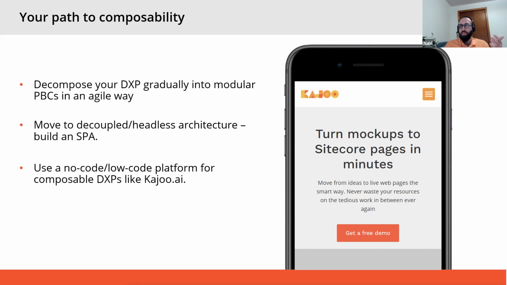If you don't want to redesign it, move it like for like to JSS. Decouple that presentation layer from the backend system to have a headless architecture. That's the very, very first step, because once you do that, you have your presentation layer, or the middle layer that we talked about, decoupled from the backend and it can be integrated with multiple systems, multiple DXCs, not just the Sitecore system.